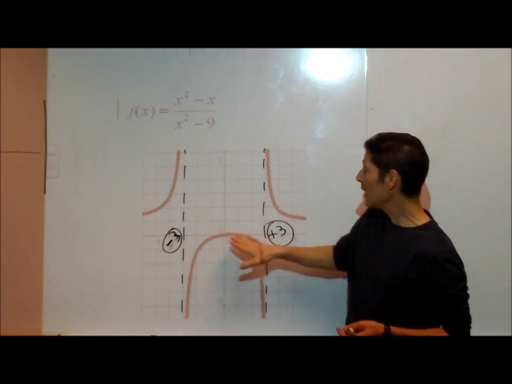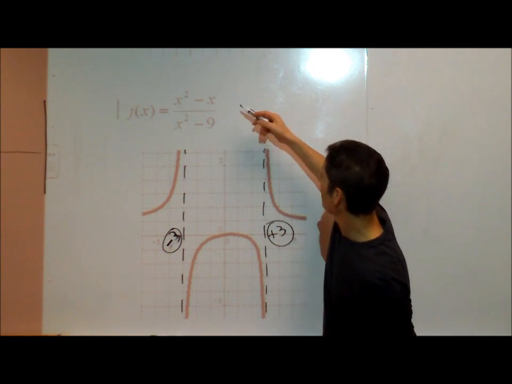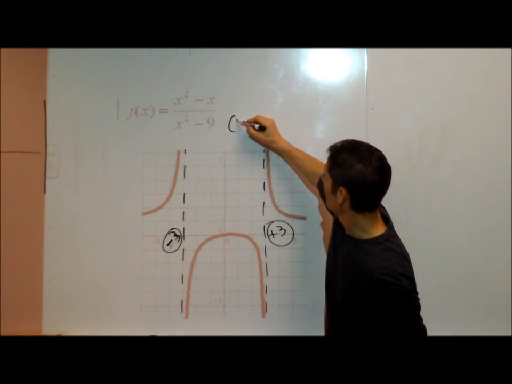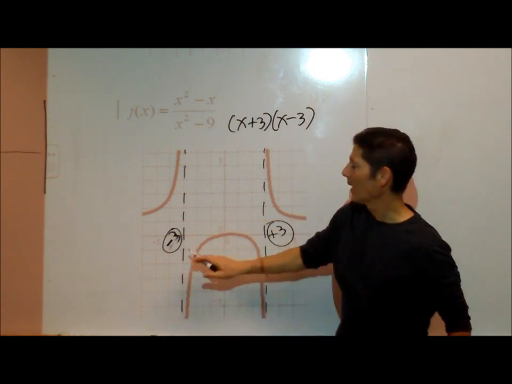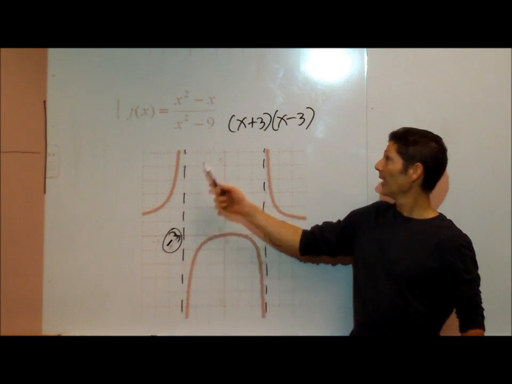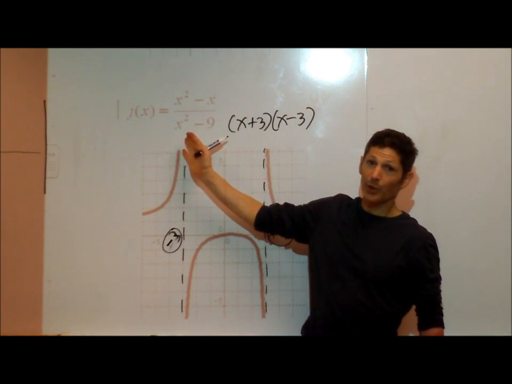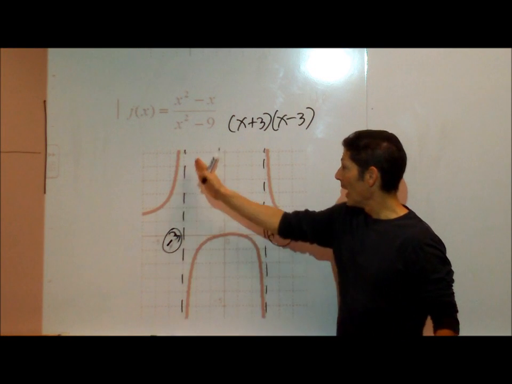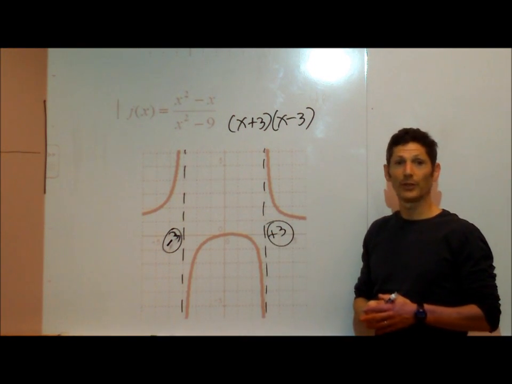Sure, these 3 and -3 both make this function undefined, and if I factor the bottom, let's see, I have x plus 3, x minus 3. Now I can easily see that filling in a -3 or a +3 makes the denominator 0, makes the function undefined. And I have these asymptotes, or these infinite discontinuities.